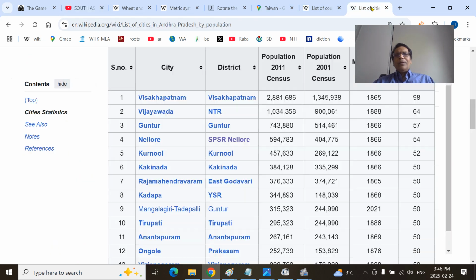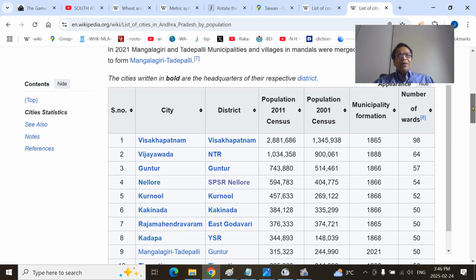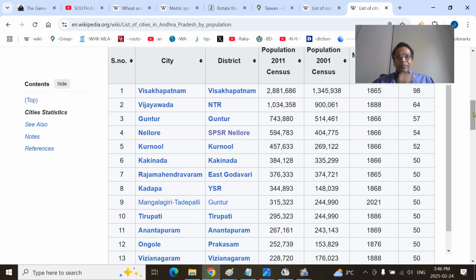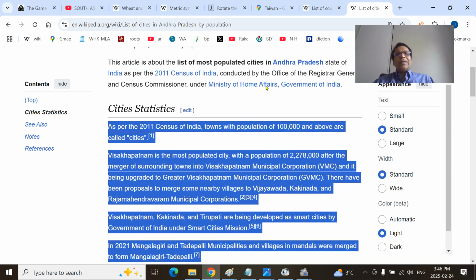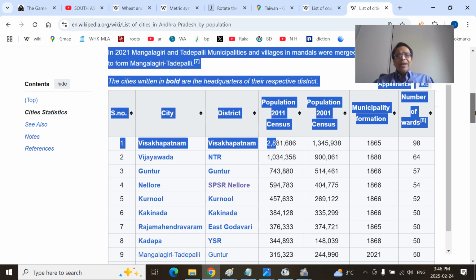How to remember? Take for example Andhra Pradesh, a Telugu speaking state, these are the populations. Take the biggest city, Visakhapatnam, Vizag, on the Coromandel coast, 2011 census, 2.8 million people live there. That means 28 lakh people live there.